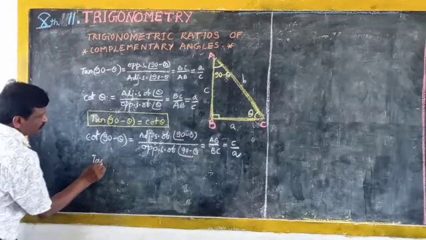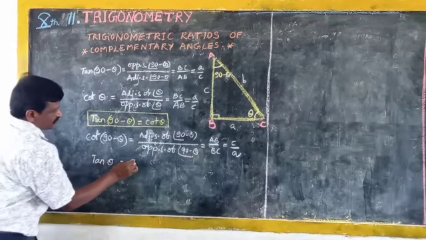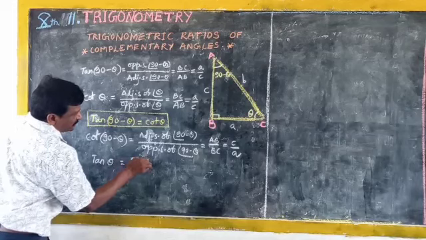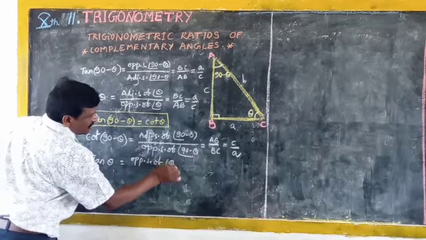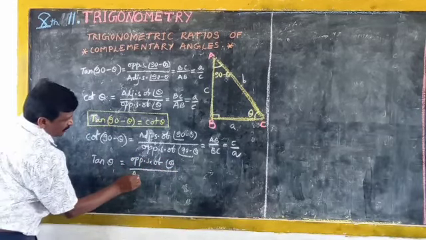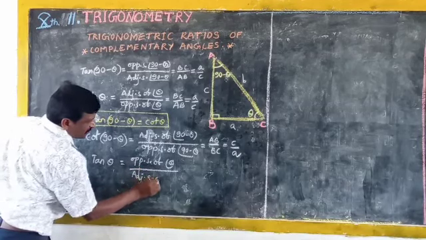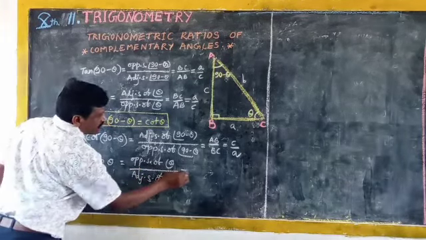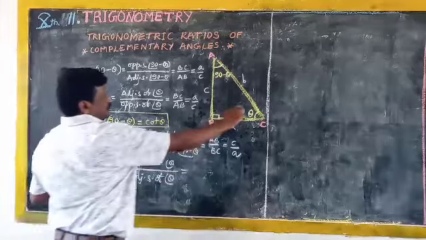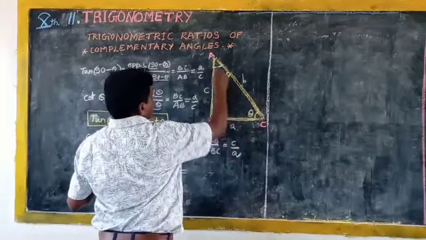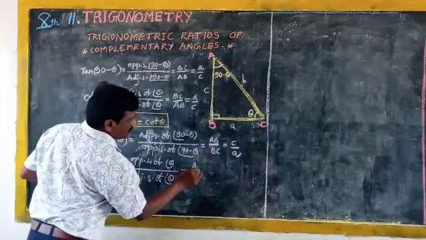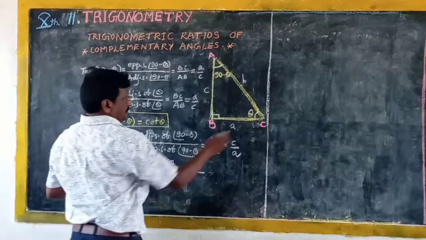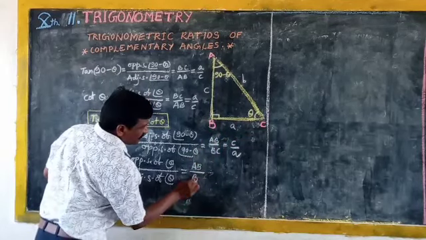Tan theta is the opposite side of angle theta by the adjacent side of angle theta. Tan theta, this is theta, opposite side AB by adjacent side BC.